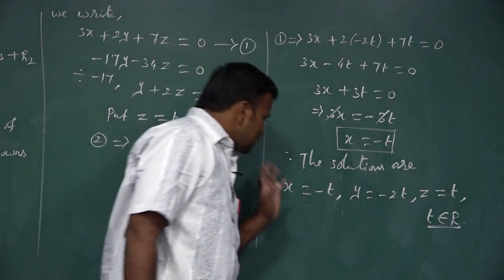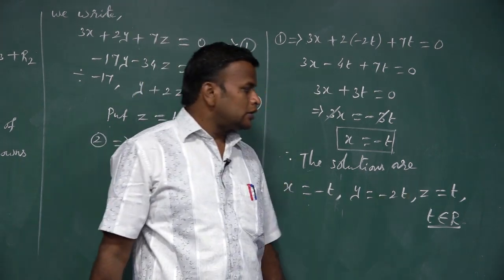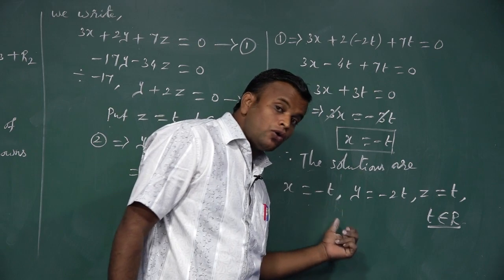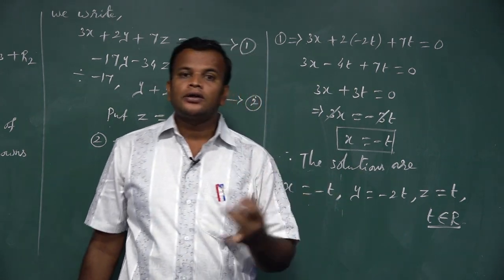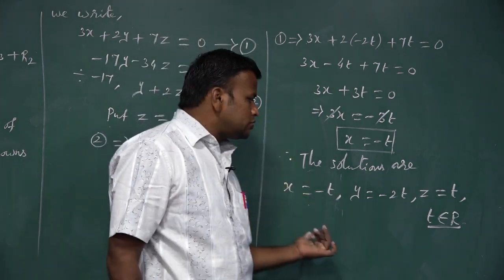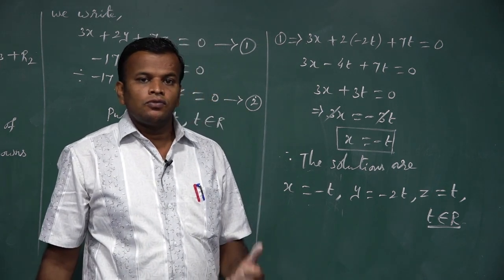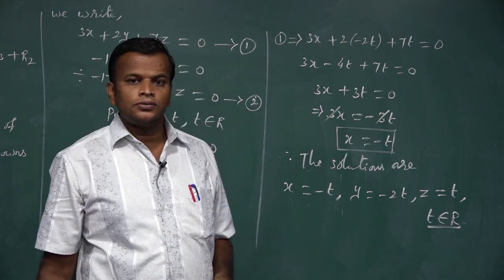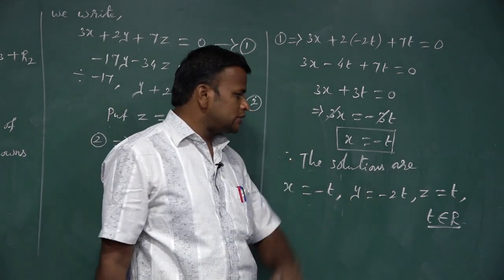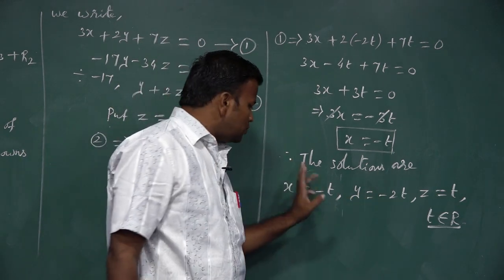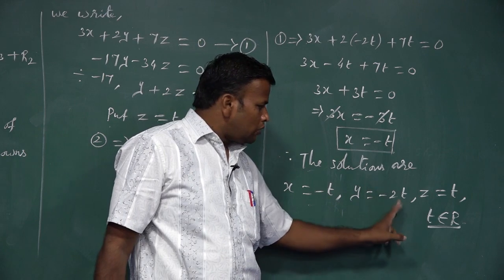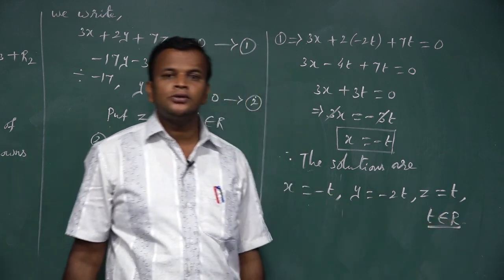You see, the solution of the given system contains both trivial and non-trivial solutions. Suppose we put the value of t equal to 0. Whenever t is there, we replace t by 0. We see x is 0, y is 0, z is also 0.